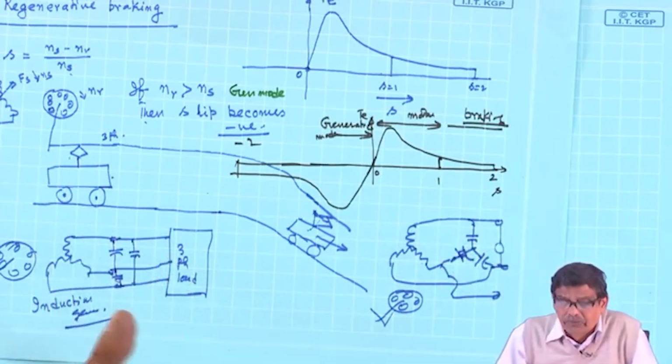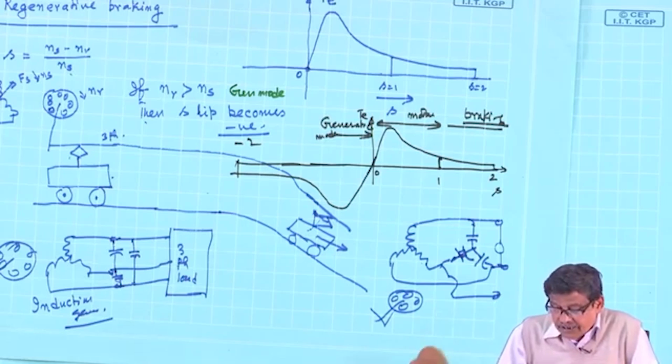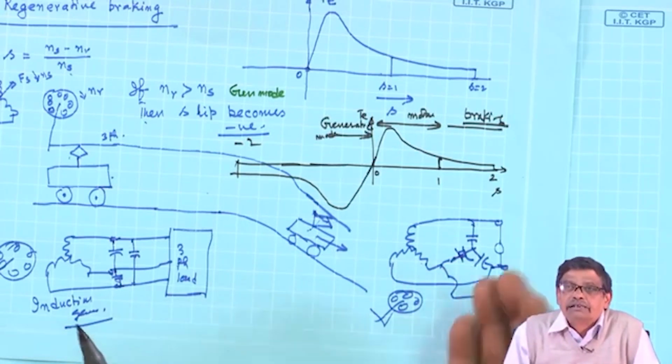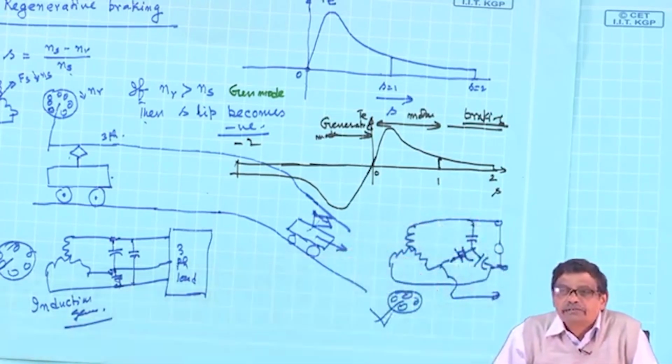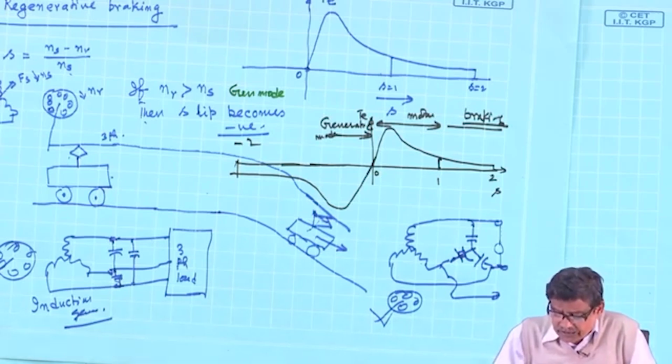But right now, what I am only telling is that an induction machine can also be operated as an induction generator, provided you make some arrangement so that the magnetizing current may be supplied to the machine. Okay? It is almost somewhat similar to that of a shunt generator.